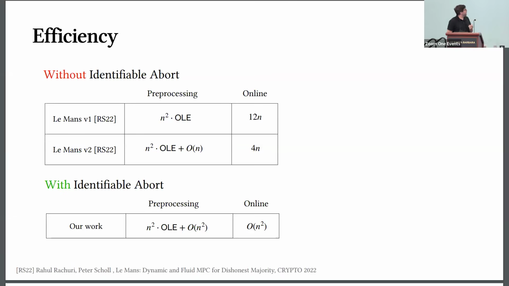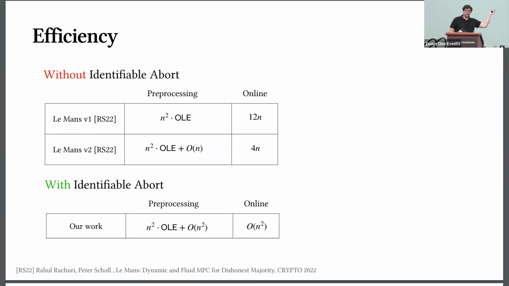Now, to see how well this performs, we compare the protocol to two versions of the pre-processing and online phases from Le Mans, from Rahul, Ratchery and Shaw, 2022, which is secure with abort. The first one has less pre-processing and does worse online.